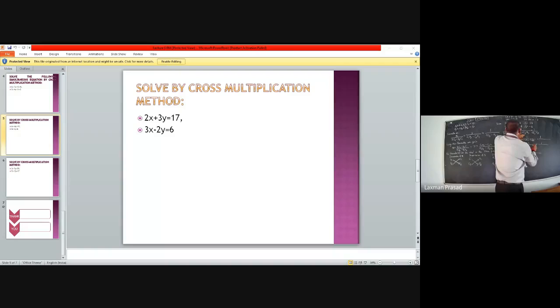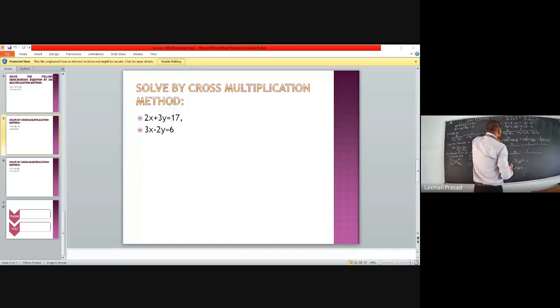The value of a1 is 2. The value of b2 is minus 2. The value of b2 is 3. Okay.